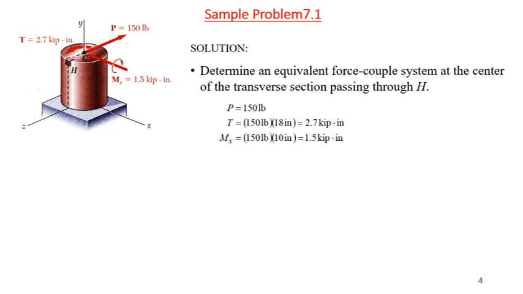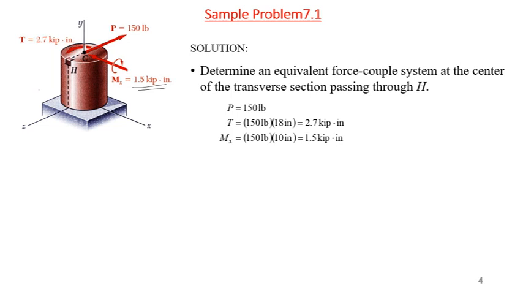Now if you look at the direction, we have a moment equal to 150 pound multiplied by 10 inch, 1.5 kilo pound inch, and using the right-hand thumb rule, if I'm looking from here, it is acting in the clockwise direction, and we have a torsion, and we have a shear force acting over here.